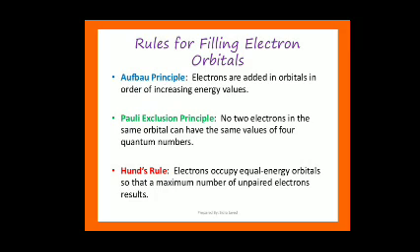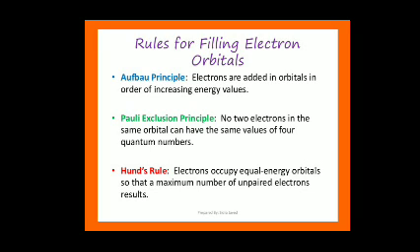Whenever degenerate orbitals are available for electrons, the pairing of electrons takes place only after all orbitals are filled with one electron each.